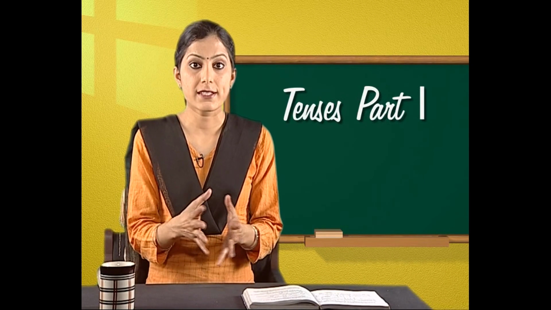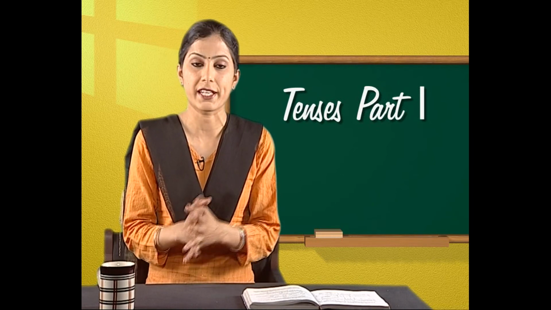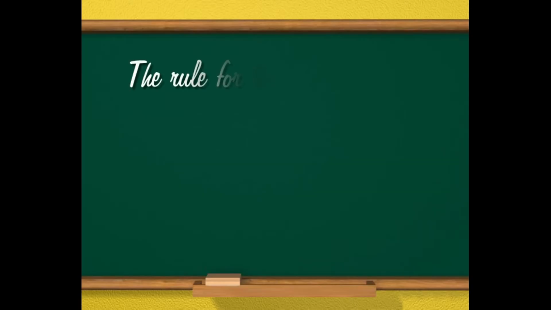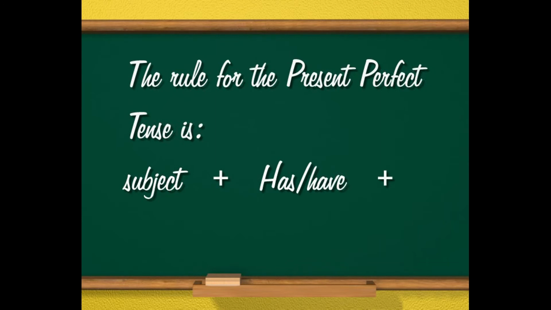Now, let us learn the rules for making present perfect tense. The rule for the present perfect tense is subject plus has or have plus main verb 3 plus object.